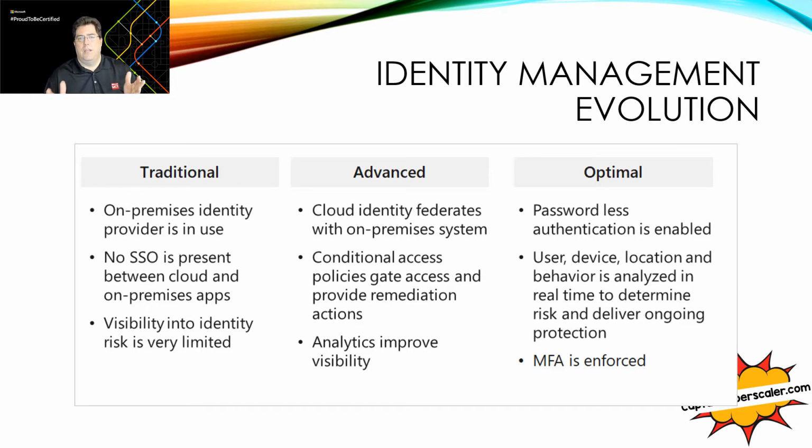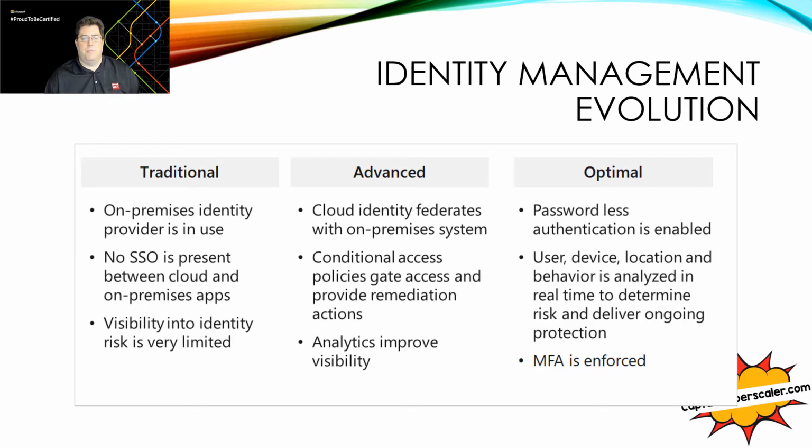There was very limited visibility into the identity infrastructure. As we moved into cloud, we got to more advanced features, and we started to federate the on-premises system with cloud services and needed to provide some level of gated access.